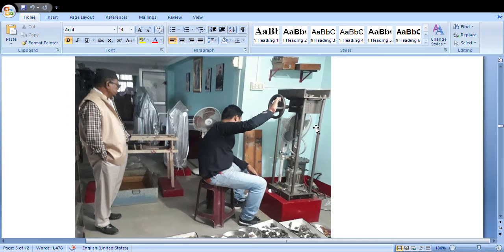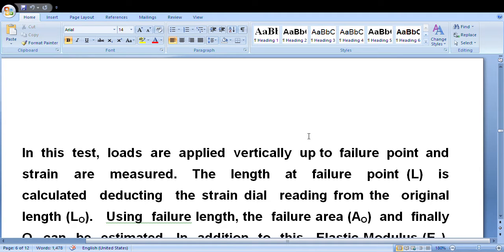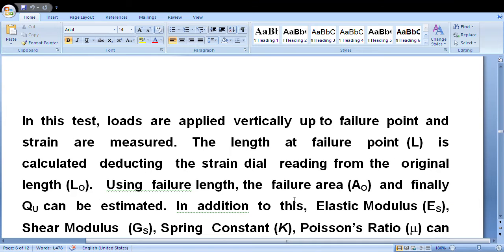From the loading gauge, we can calculate the applied stress. From these dial readings, we can calculate the failure length from the strain dial reading, and we can calculate the failure area also.